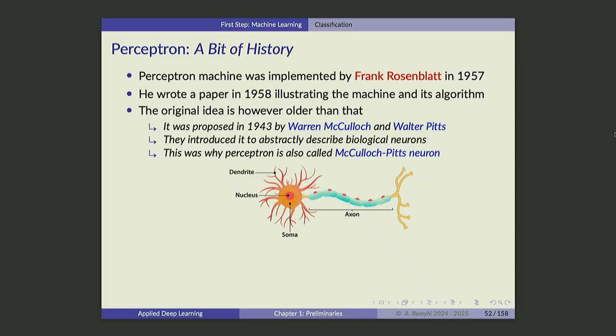The paper that they wrote in 1943 is even now a bit hard to follow, but the key point was that they came up with this kind of computational model for the neuron.